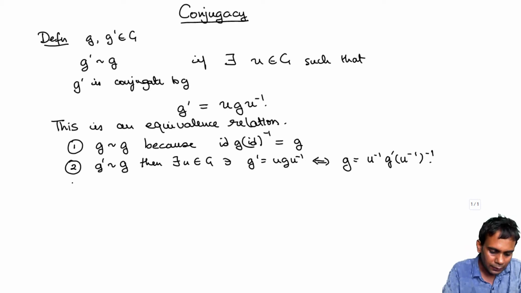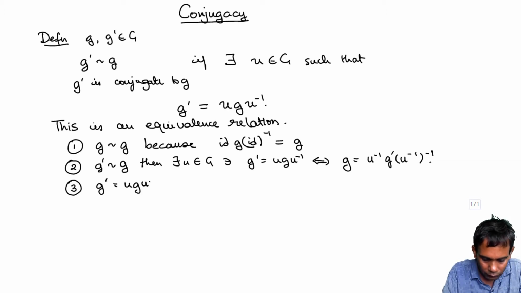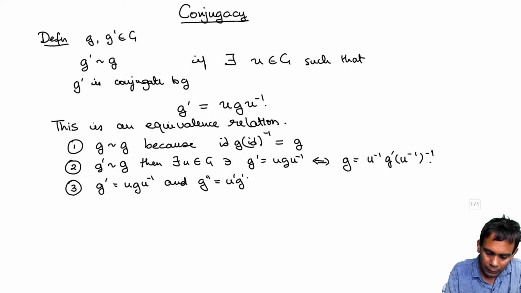So it's symmetric. And to see that it is transitive, suppose we have g prime is u g u inverse, and g double prime is u prime g prime u prime inverse.